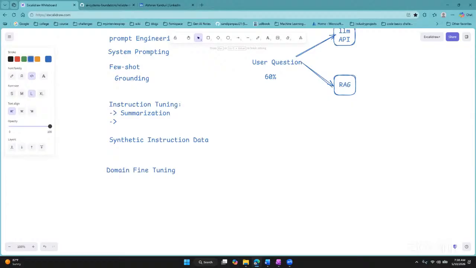Abhinav? I think the mentor is disconnected. Give us a few minutes, okay?